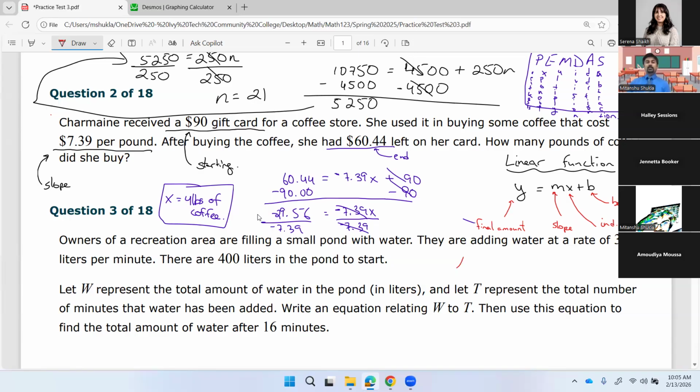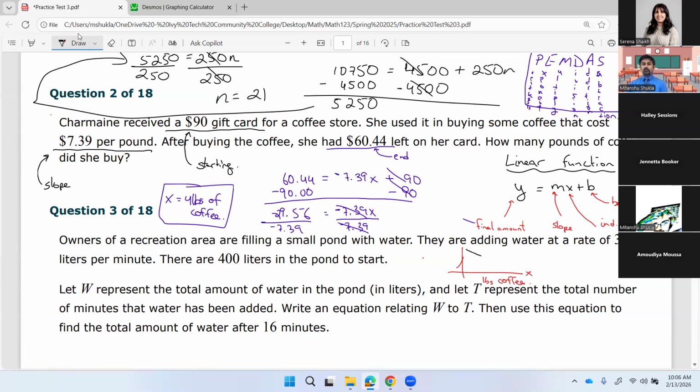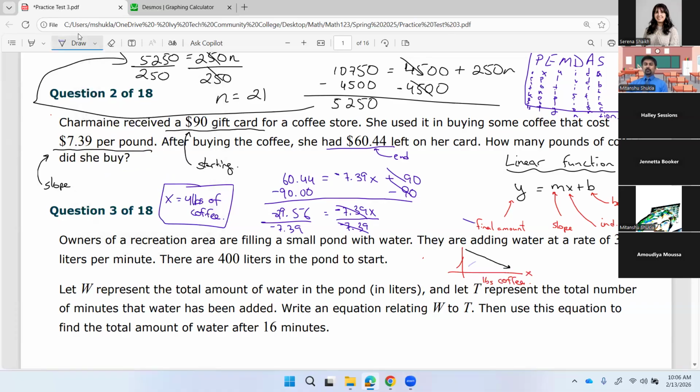If I was going to plot this on a chart, the x-axis represents pounds of coffee. And they want me to relate pounds of coffee to a balance on a gift card. So if I'm buying more pounds of coffee, I anticipate a trend that looks like this, not one that looks like this.